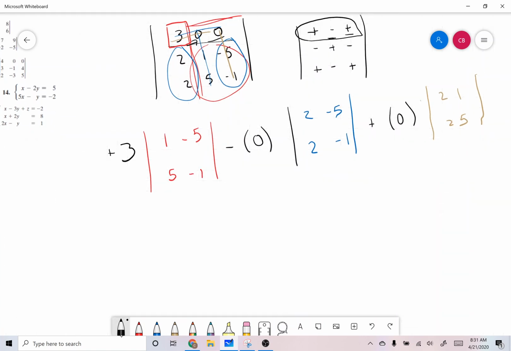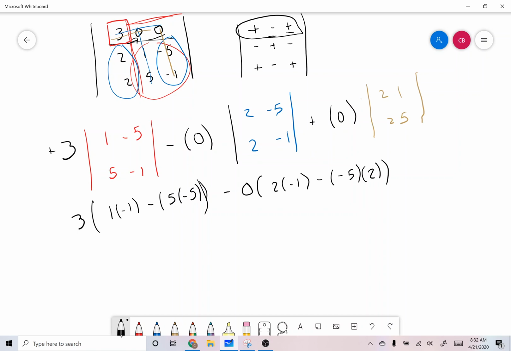So let's do the math on this real quick. We have 3 times the determinant of this, which is 1 times negative 1, minus 5 times negative 5, minus 0 times 2 times negative 1, minus negative 5 times 2, and finally plus 0 times 2 times 5, minus 1 times 2.